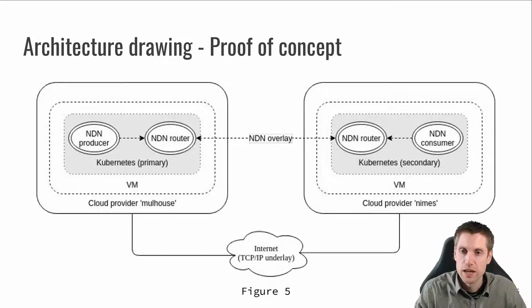So if the NDN consumer, which is in the cloud provider Neems, and you can see that in the right oval figure, requests data that's situated in the cloud provider Meloose, it will go through the NDN network and then will be locally cached in part by the NDN router.